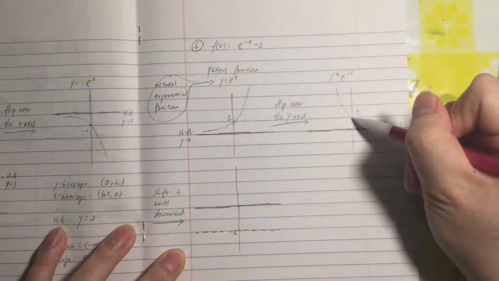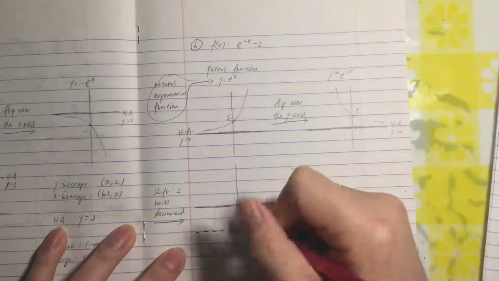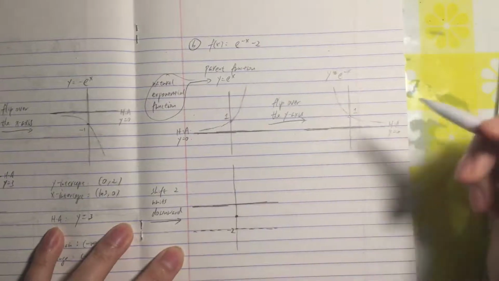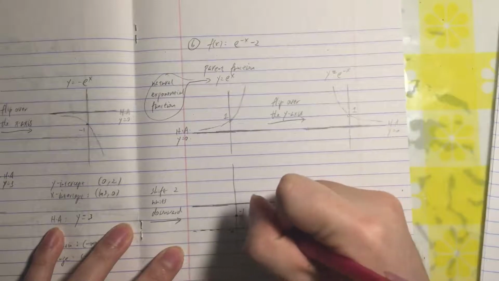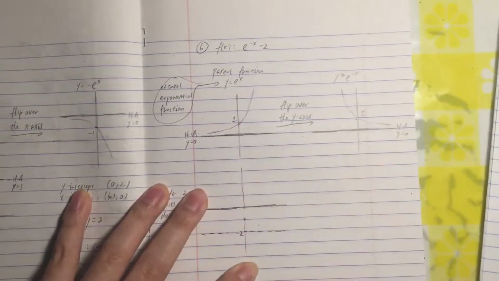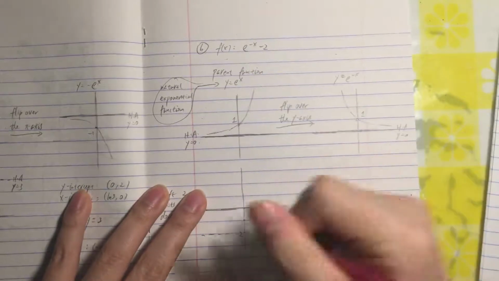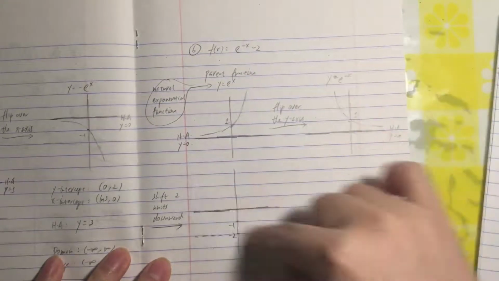And this point is 1. If I shift it down by 2 units, it becomes negative 1. Next, draw the graph with the same shape. The graph stays the same shape.